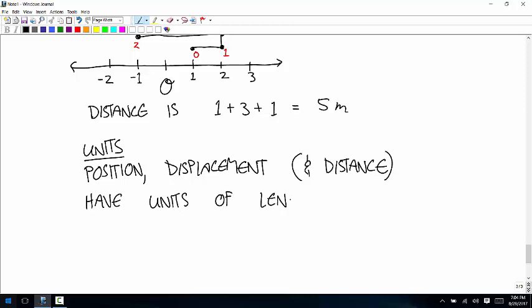And the SI units, that means are meters. So that'll be written with a lowercase m.